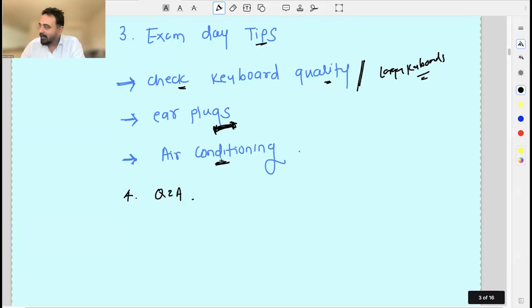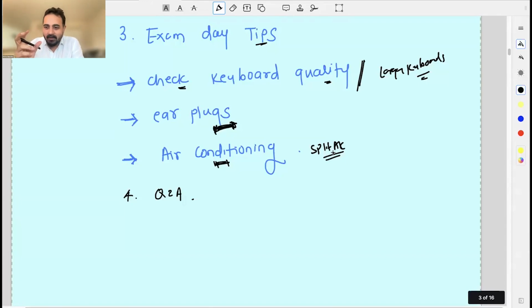Then next one, air conditioning. I've heard a lot of reviews in India. Most of the exam centers have a split AC unit. What happens in a split air conditioning unit is if you happen to sit exactly below it, it tends to throw a lot of cool air on you continuously.